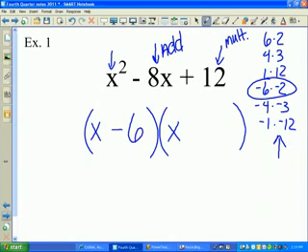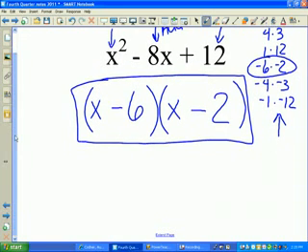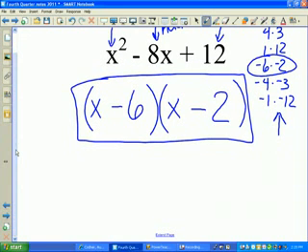So inside the parenthesis here, I'm going to put -6 because I have a -6 over there. And I'm going to put in my other parenthesis a -2. This right here is the factoring of that trinomial x squared minus 8x plus 12. If I wanted to check this, all I have to do is the distributive property.